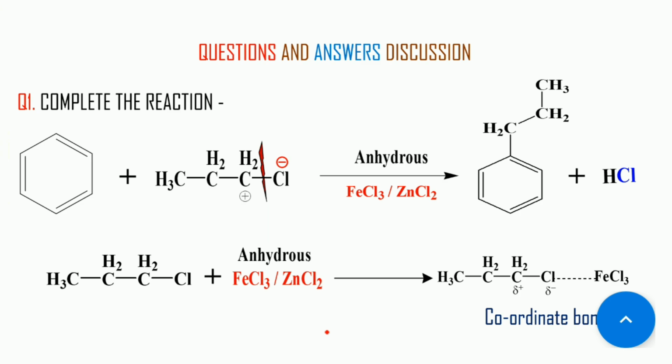Instead of breaking the bond properly, this chlorine, having a lone pair, just shares its lone pair with the Lewis acid instead of breaking this bond, and it becomes delta positive and delta negative.